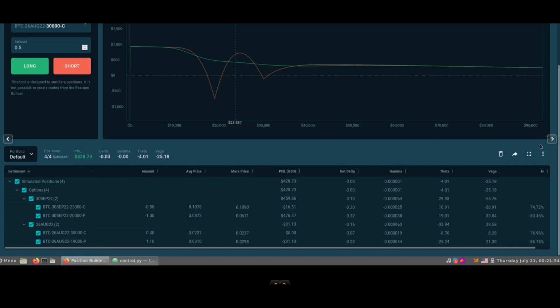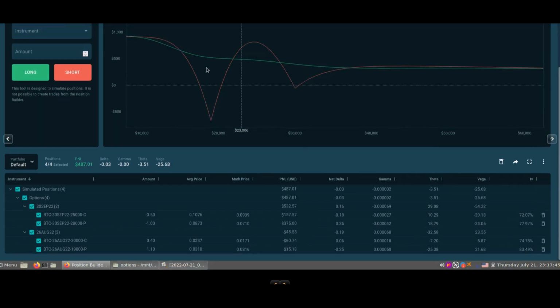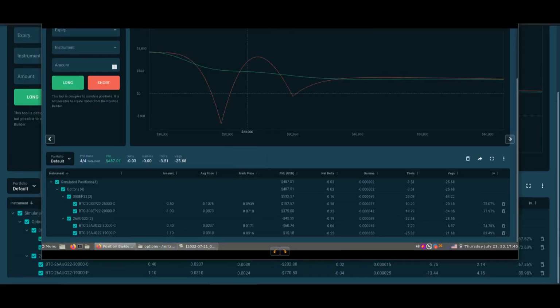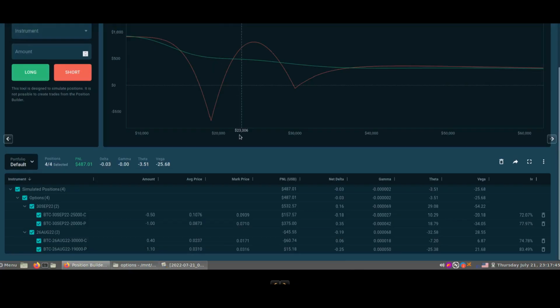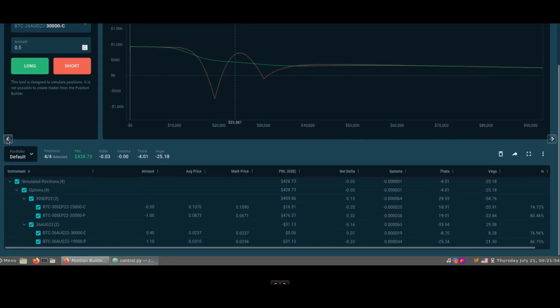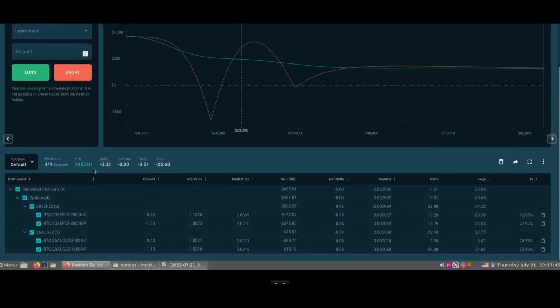Okay, let's take a look at the next. Here is the end of the first day of the construction created, and we already have, take a look, almost $60 of position profit.